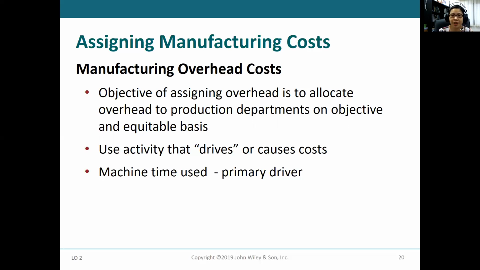To find the applied manufacturing overhead, you take the predetermined overhead rate times the actual activity base, or we call it the actual activity driver. Normally for a process costing system, machine hours is the activity base.